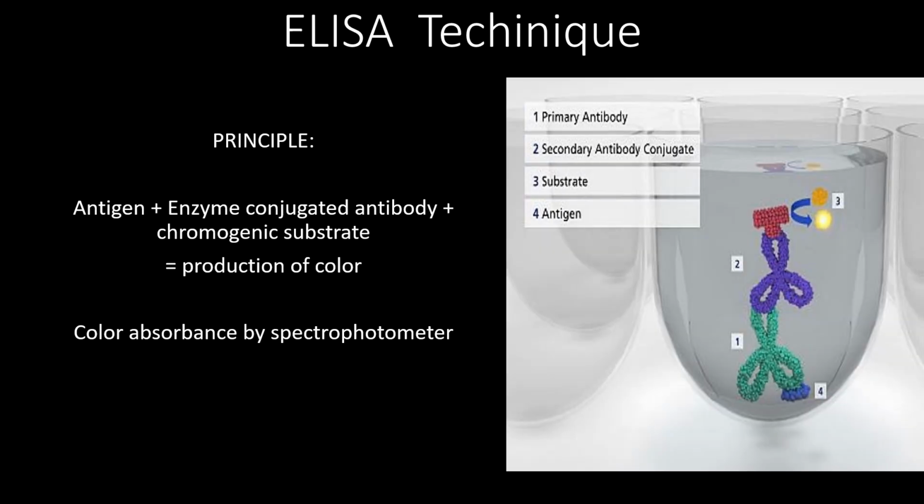This is the structure showing how it is reacted. Here we have the antigen which is binding to the primary antibody. We also have a secondary antibody which is conjugated with an enzyme, that is, an enzyme-conjugated antibody, therefore binding to the substrate, which is chromogenic and gives color to the solution.